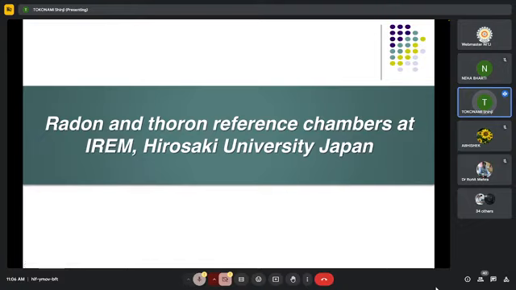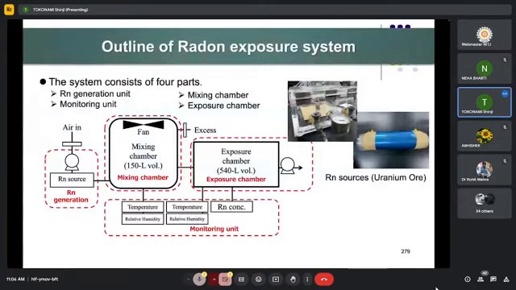So I would like to introduce radon and thoron reference chambers at our institute, Hirosaki University, Japan. Here is the outline of our radon exposure system.